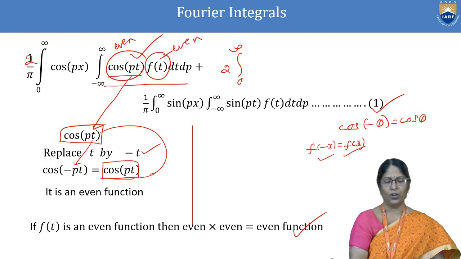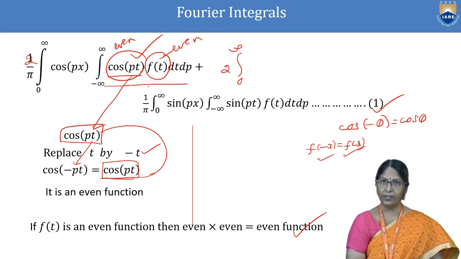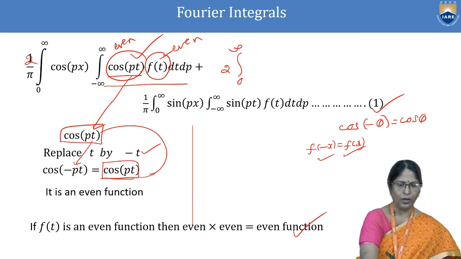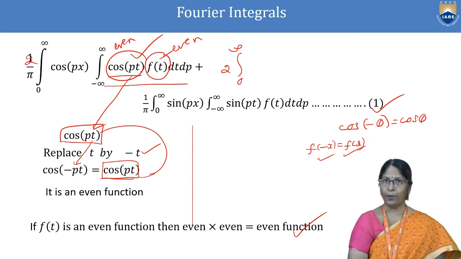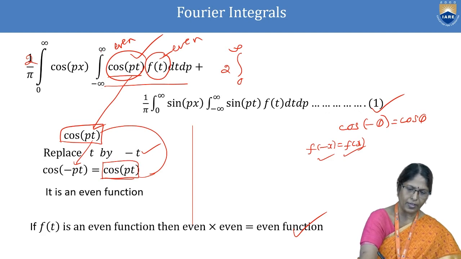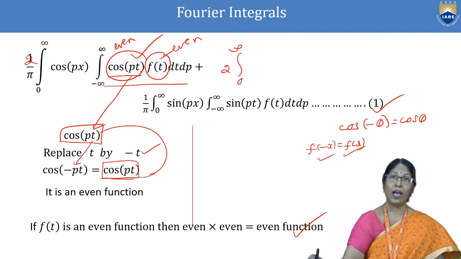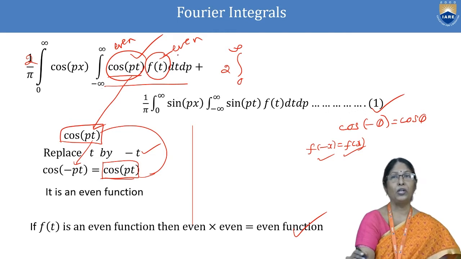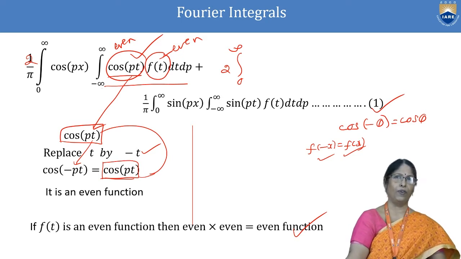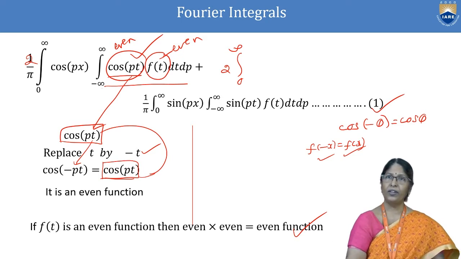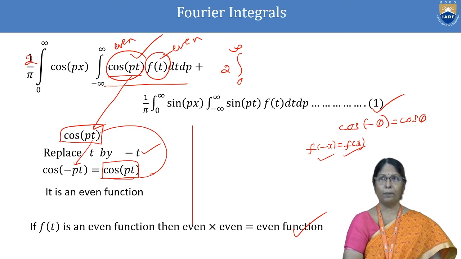So in the first integral, 1 by pi has become 2 by pi, and the integral minus infinity to infinity has changed to 0 to infinity, because even into even equals an even function. The first integral, the work we completed.